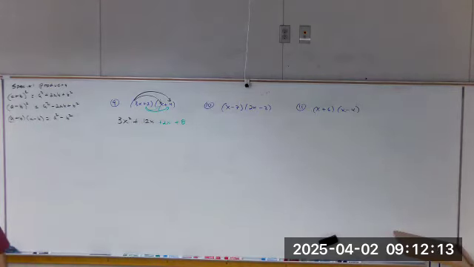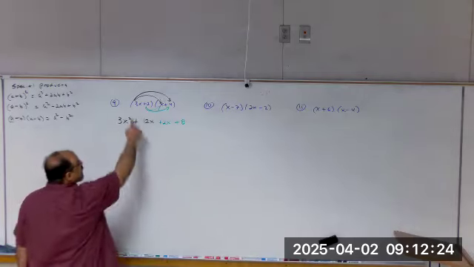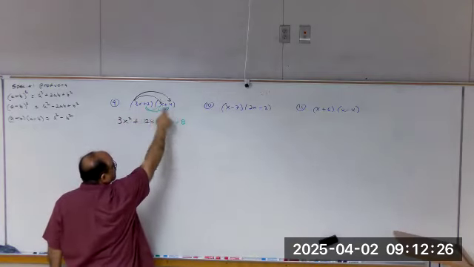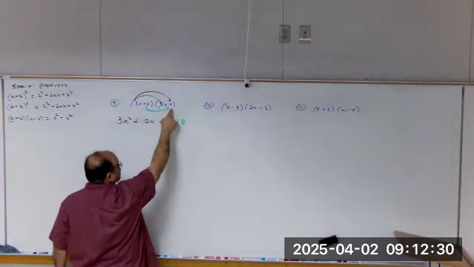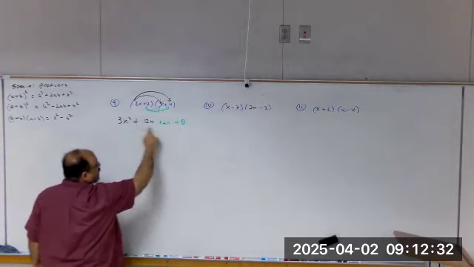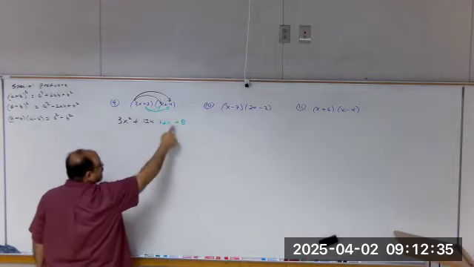When I did the distribution, what word happened with all four multiplications, all four products? Positive. And the reason why is because everything in here is positive: positive 3x, positive 2, positive x, positive 4. So when I multiply that, I have no choice but getting positive.